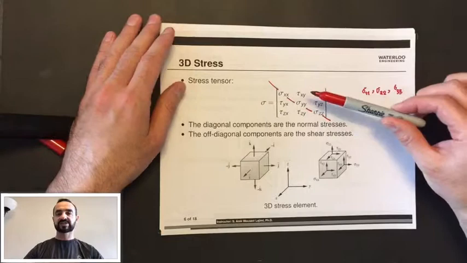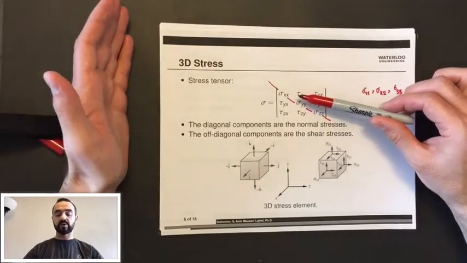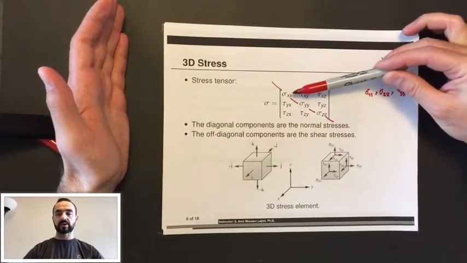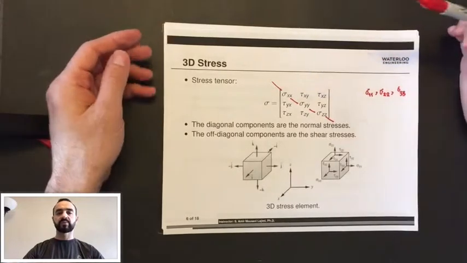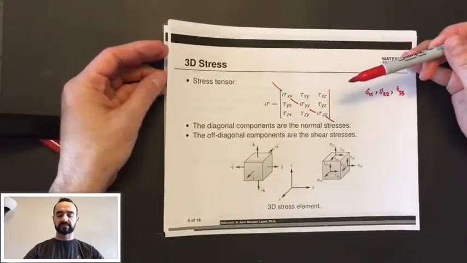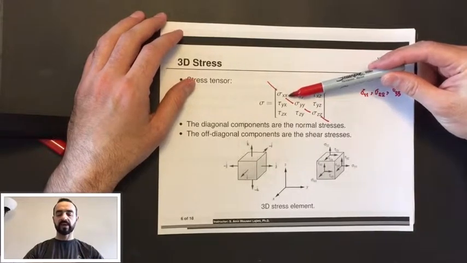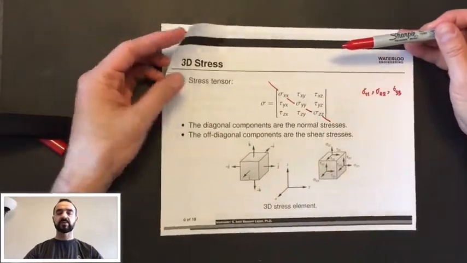Plane X, stress along x-axis. So if you just remember the convention, you're going to be able to say which one is normal stress and which one is shear stress. Because if you're on plane X and the stress is along X, then it means that this stress is normal to the plane.